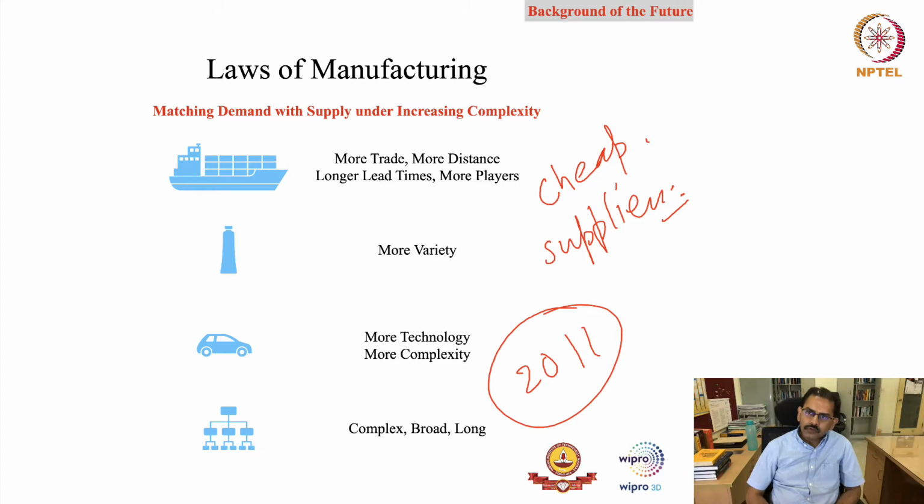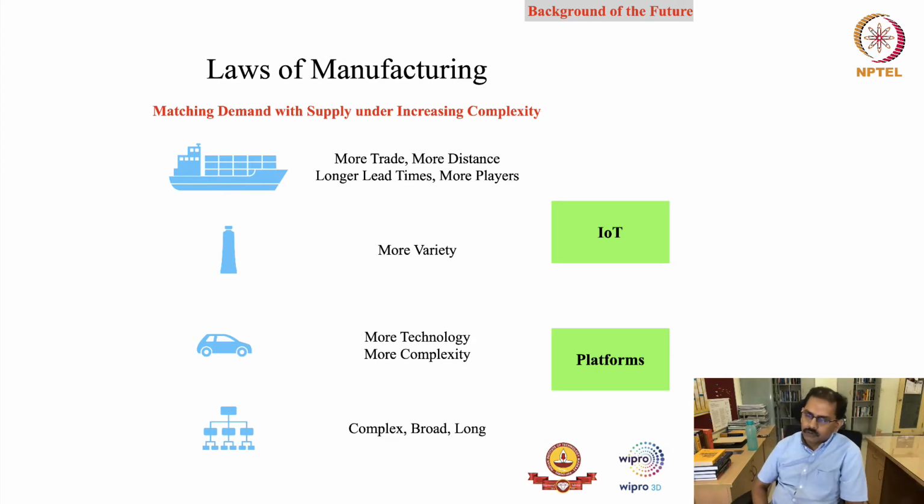right? So can the technology allow us to, maybe complexity may remain, but how do you actually mitigate the risk which comes along with that complexity, right? So I'm going to spend some time on IoT when we talk about technology of the future, right?